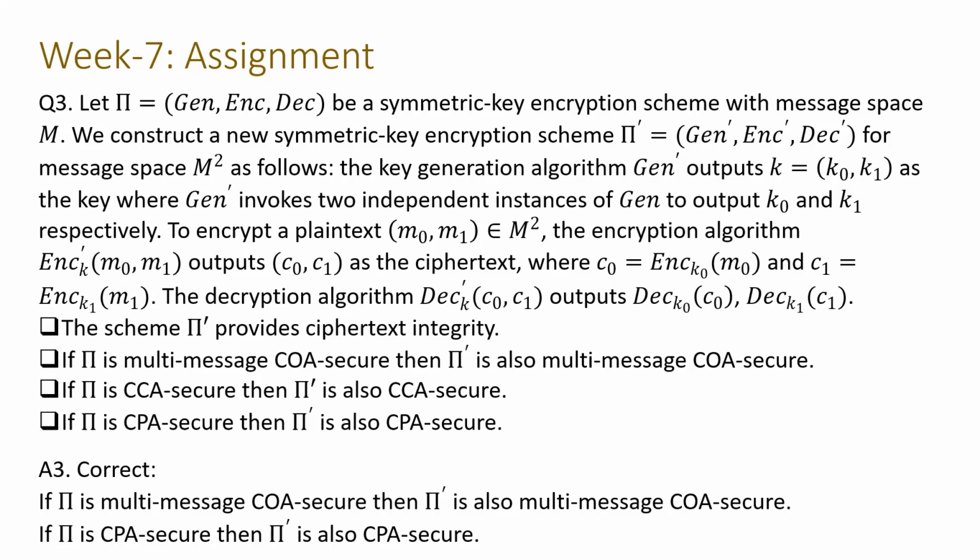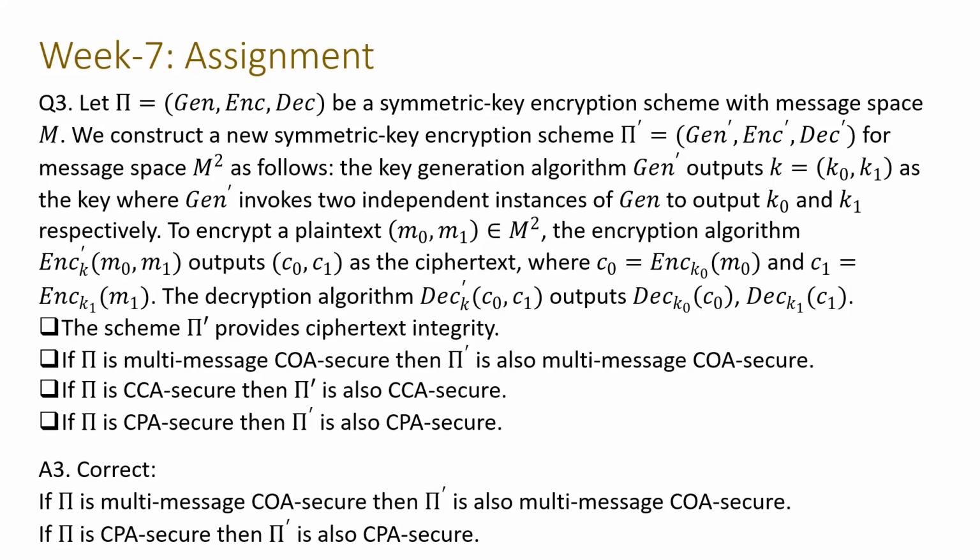Now, you can arrange them as two sets of ciphertext. One is all the Ci0 for i equal to 1 to q, and a set of ciphertext Ci1 for i equal to 1 to q. The first set, Ci0 for i belonging to 1 to q, is nothing but the same as what the adversary would have seen in the multi-message COA security game of pi with respect to key K0.